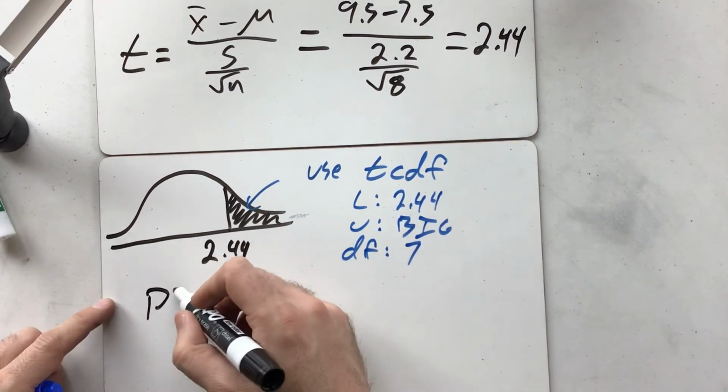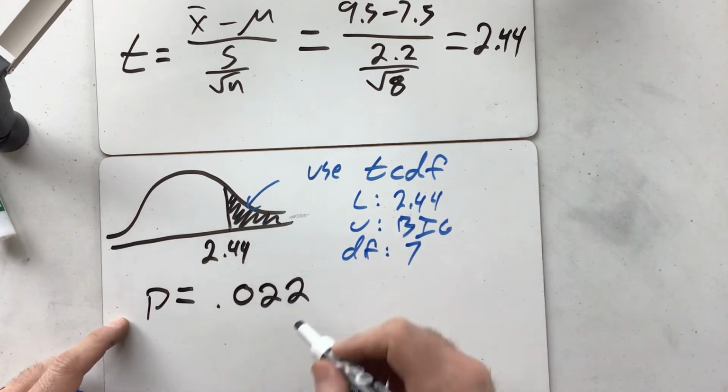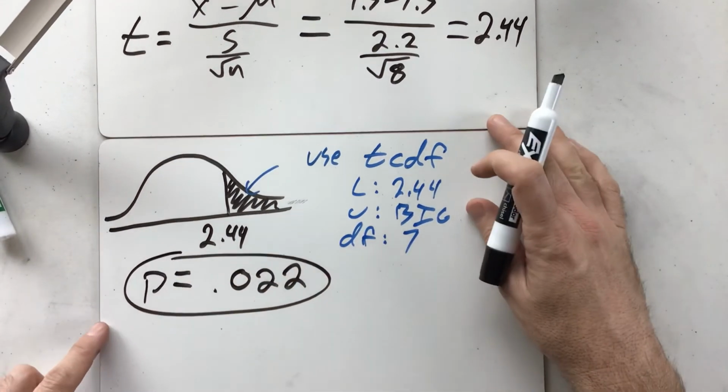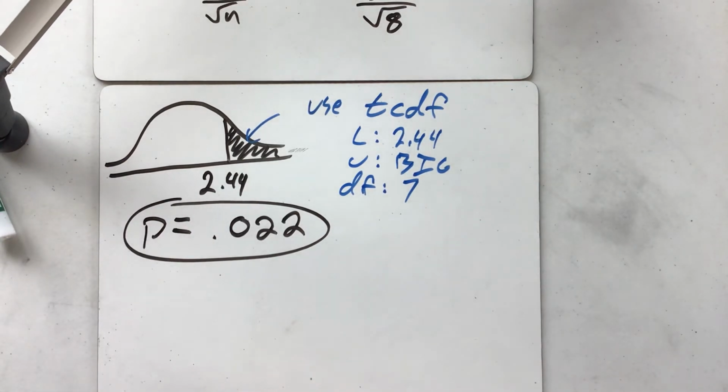This gives us our p-value. When I type this in my calculator, I get 0.022 for my p-value. P-values are generally what's reported when you read papers, so this is a number worth noting.